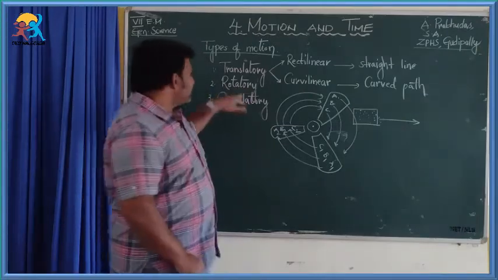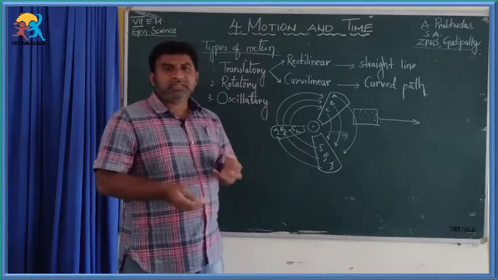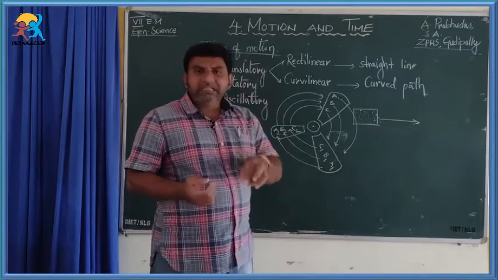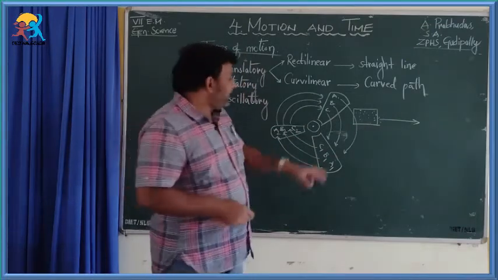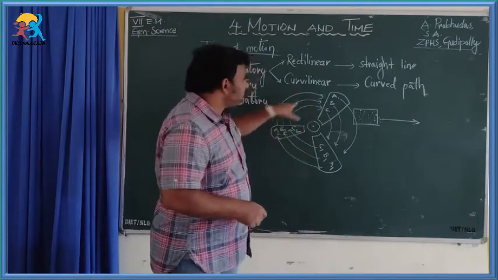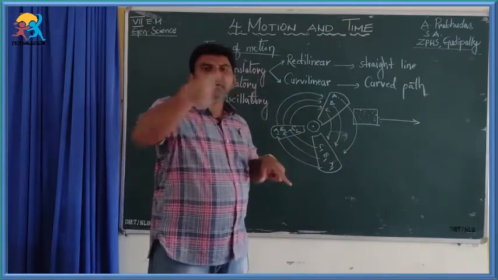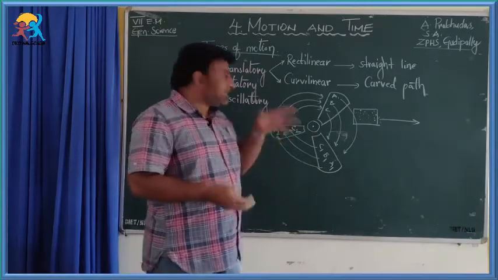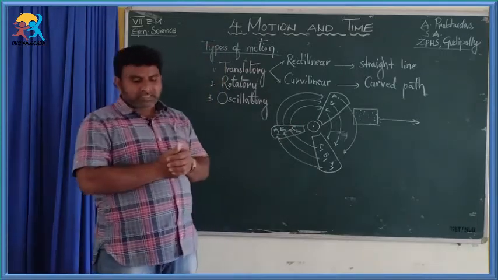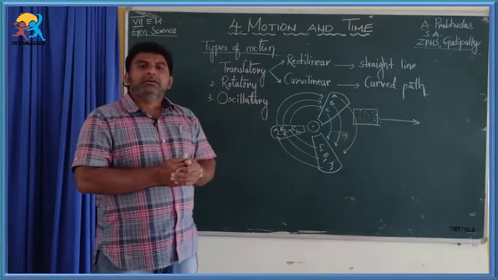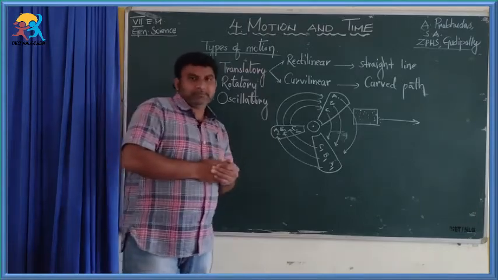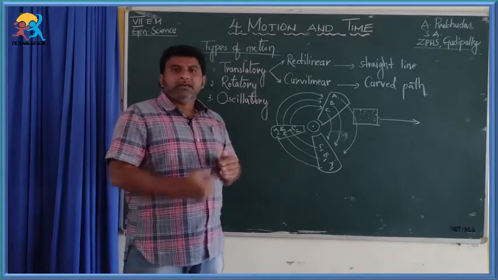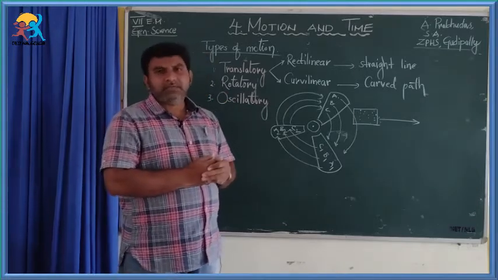Okay, I repeat, rotatory motion is a type of motion in which all the particles present in the moving object move in circular paths, means they follow circular paths, they travel in the form of circles. So, such type of motion is called rotatory motion.